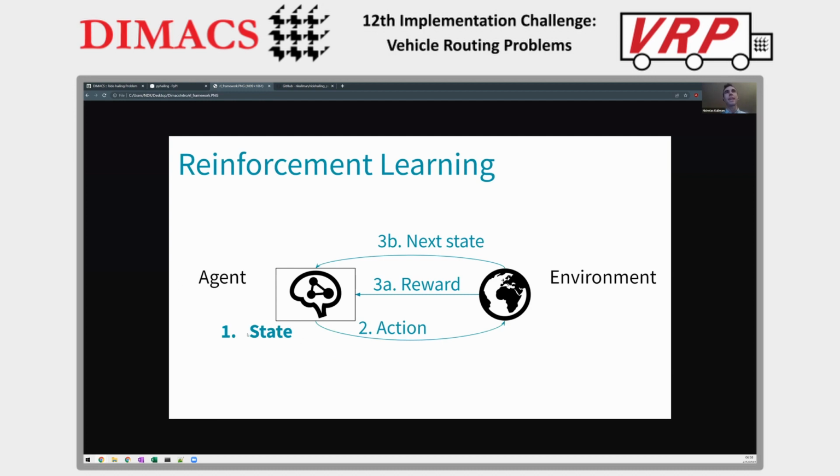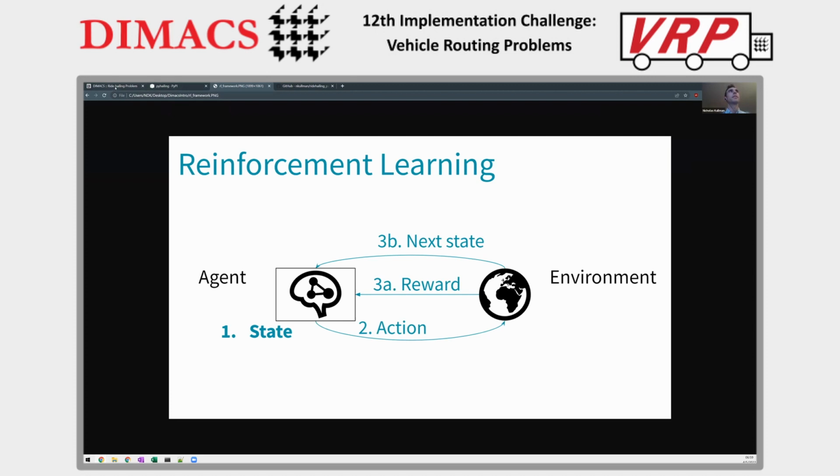And this agent gets states from an environment, which here is this ride-hailing simulator. And you take some actions, and then the environment spits out, okay, this is the reward you get for taking that action, and this is the next state that you will find yourself in. And then this process repeats. And so this is at a high level how the simulator works.